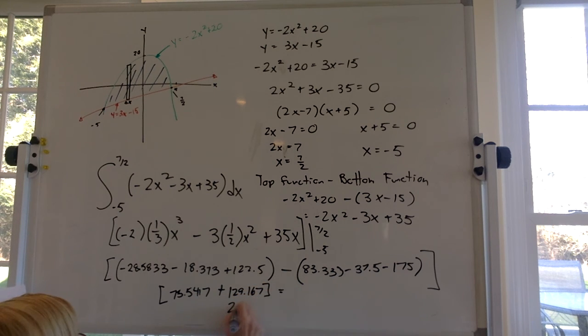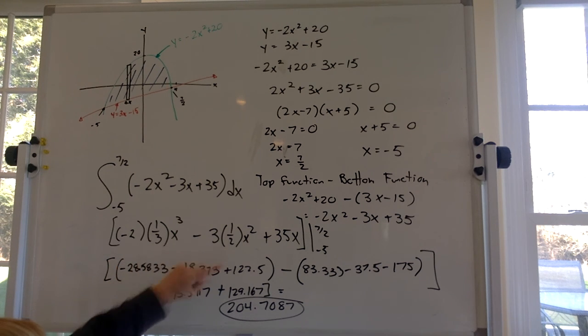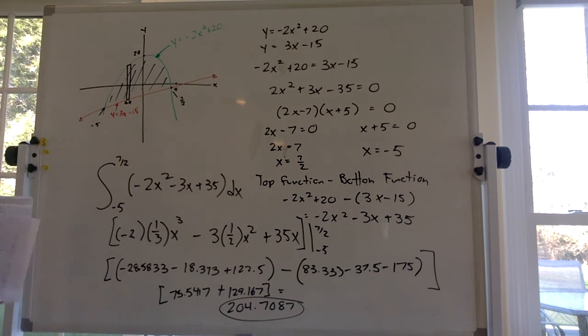Ended up getting 204.7087. I took a few shortcuts because I didn't much remember my whiteboard, but you know how it works, right? First you put in 3.5 for x, minus, then you put negative 5 in for x. You have to be really careful with the signs, and you have to add them all up. And I got 204.7087, so hopefully that helps.